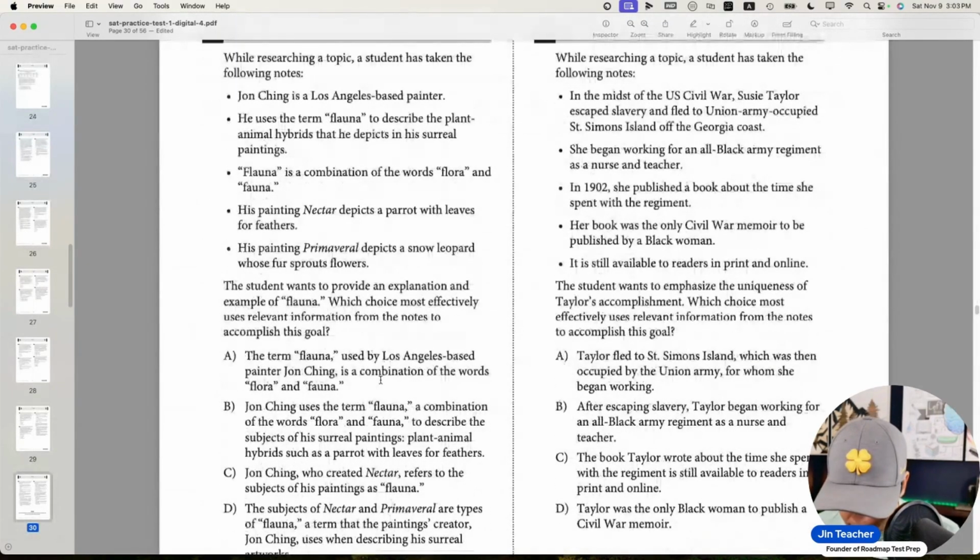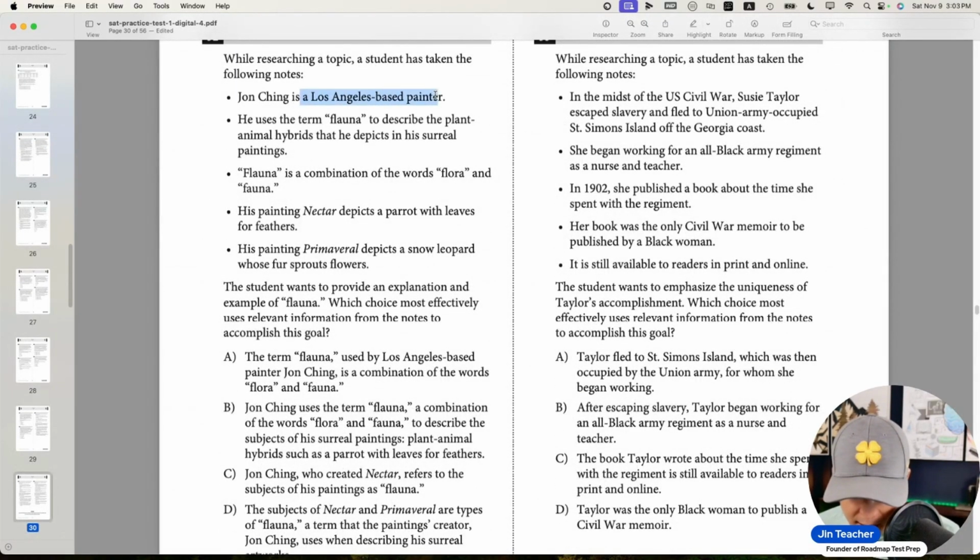Question number 32. It says John Ching is a Los Angeles-based painter. Okay, so he's a painter. Who he is, so the name of this person and what he does, right? He uses the term fauna to describe plant-animal hybrids that he depicts in surreal paintings. So it introduces the term fauna. Fauna is a combination of the words flora and fauna.